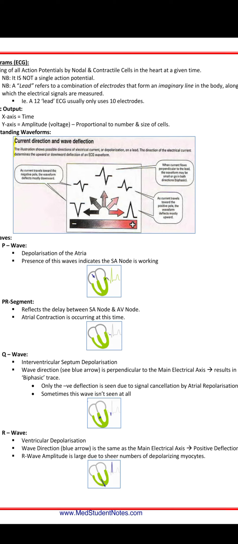The positive deflection amplitude is largely due to the sheer number of depolarizing myocytes, seen in the Purkinje fibers. So the R wave is complete.